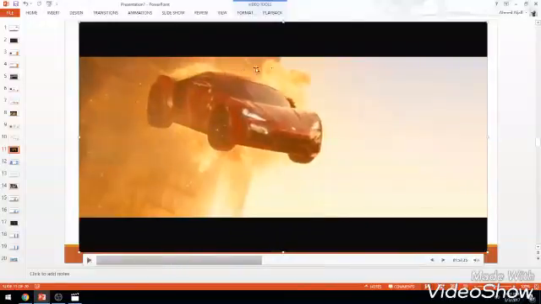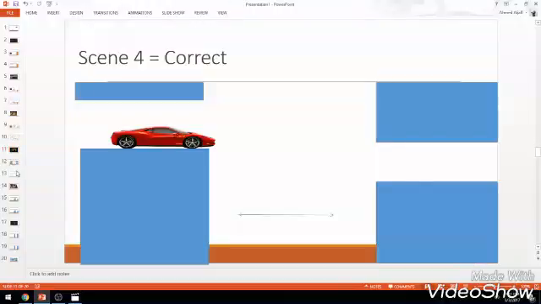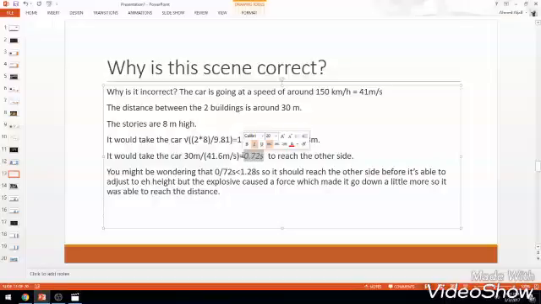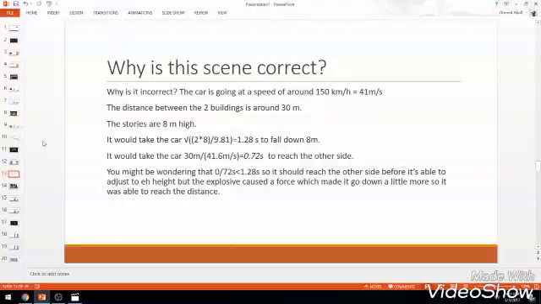See, the bomb was slightly above them, which caused the car to go down even more, to make up for that 1.28 seconds, to make it around 0.72 seconds, which is equal to the amount of time that the car needs to reach the other side. So, in this case, because of that bomb, the physics in this movie is also correct.